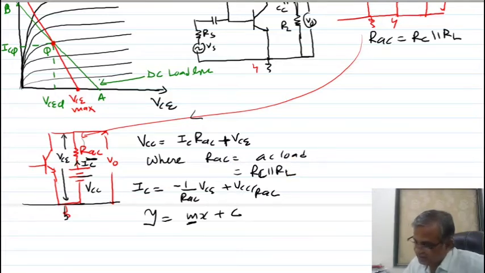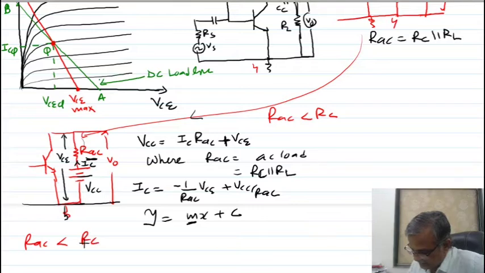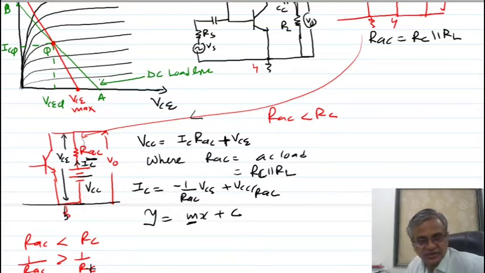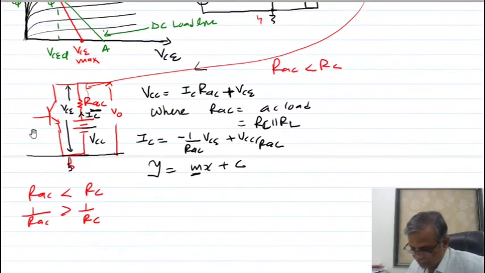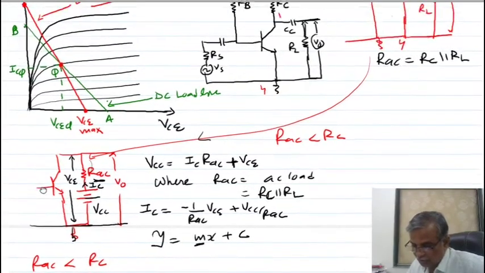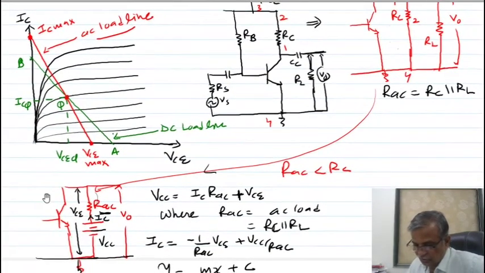So RAC is less than RC, so 1 upon RAC is greater than 1 upon RC, which means the slope is more. This slope is more than this. So I have to draw the load line like this. This is your load line.